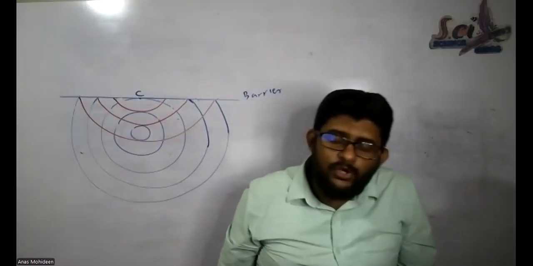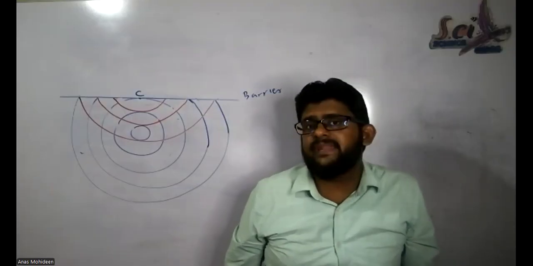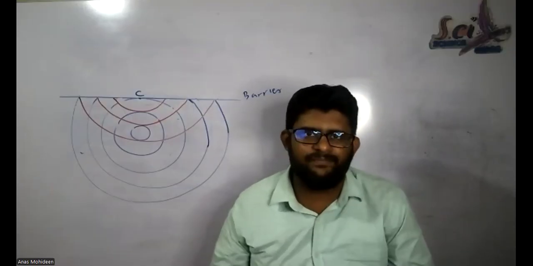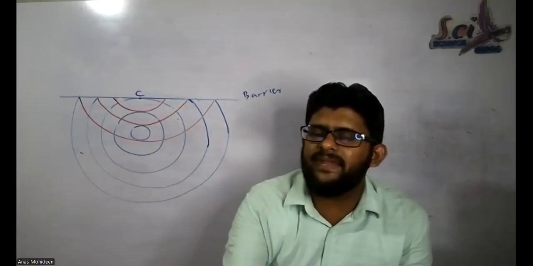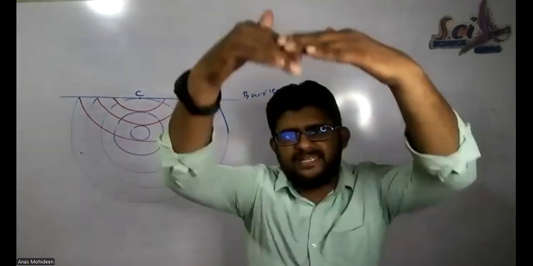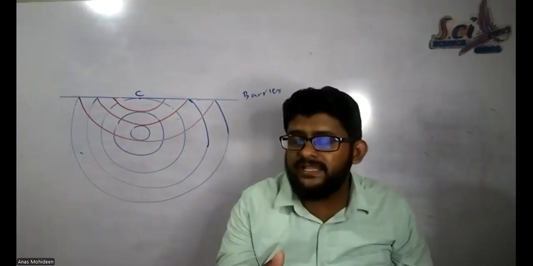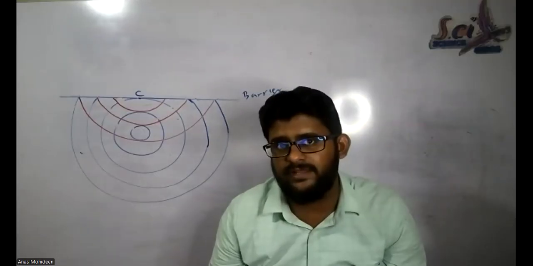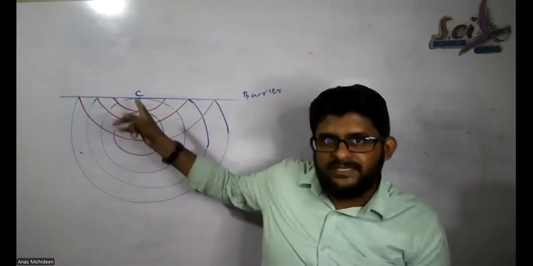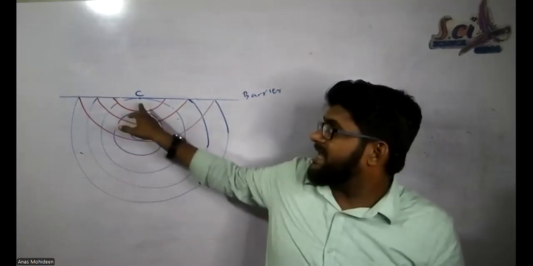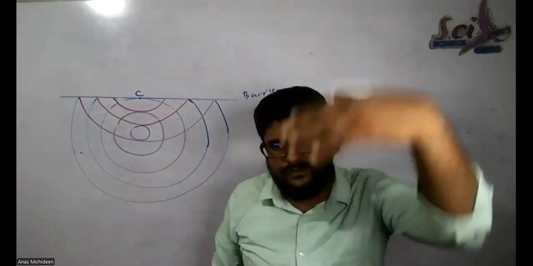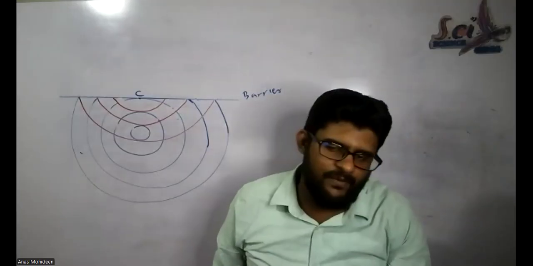And there is no change in the speed, because the medium has not changed. Same water, same medium, same density. As it is coming back into the same medium, there is no change in the speed, and the frequency is also not changed. That is why we took same speed, same frequency, and the wavelength is going to be the same. So it moves back, giving the same wavelength.